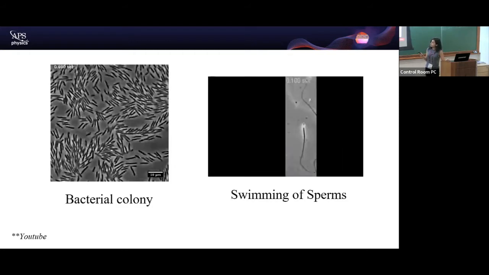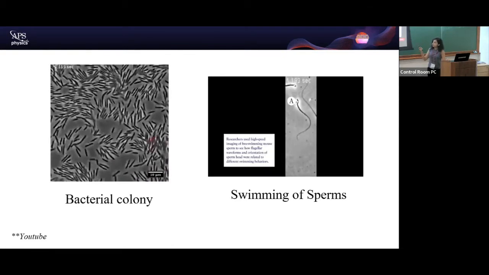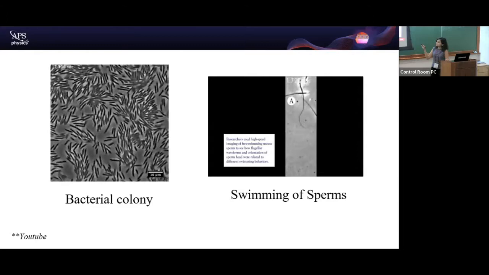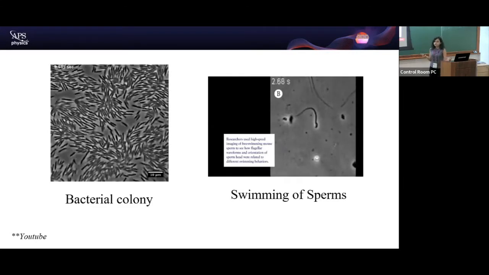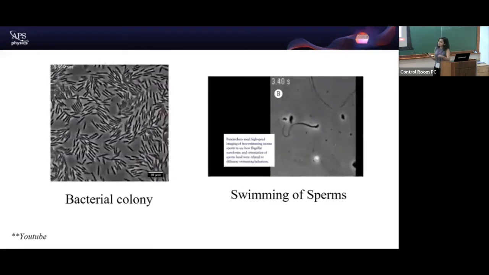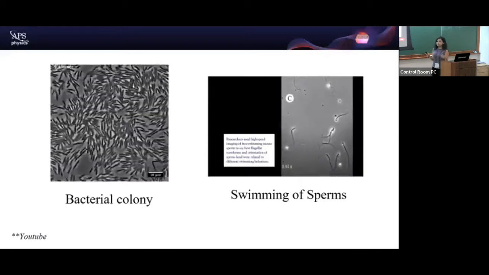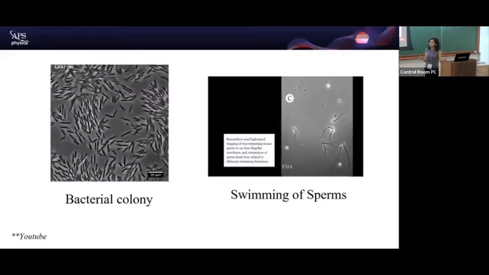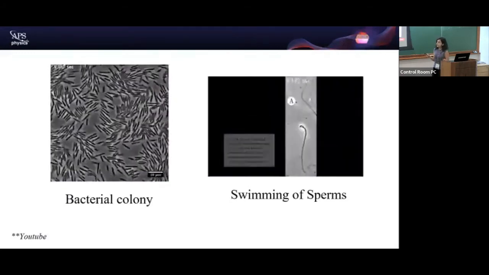So you might relate it better when you see these kinds of videos. The bacteria there, and here the sperm swimming in the fluid. These are classic examples available in nature, which are at low Reynolds number. But my system today is not a natural system. We try to make an artificial system which tries to imitate what is happening in these natural systems.